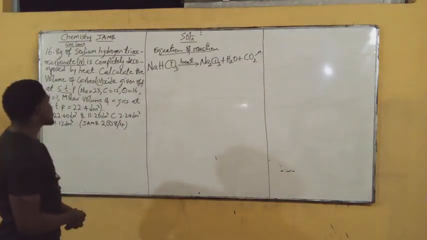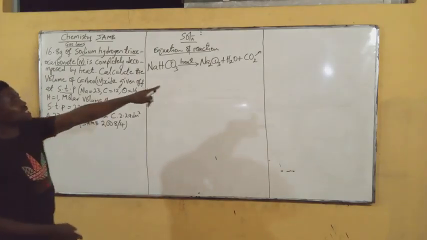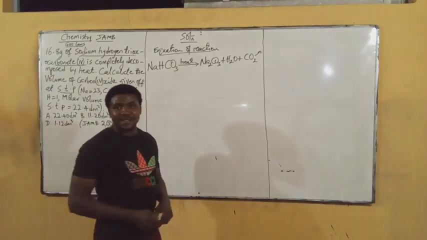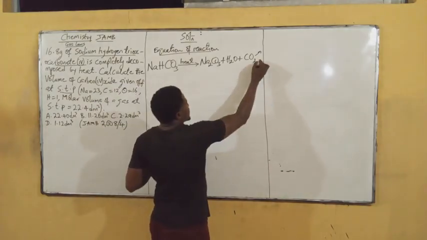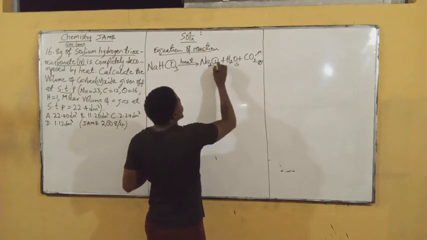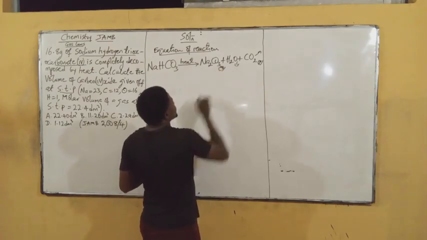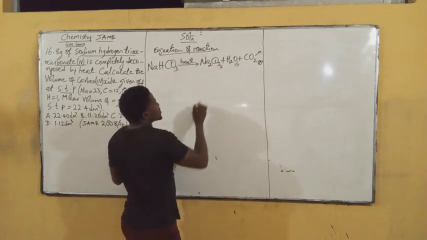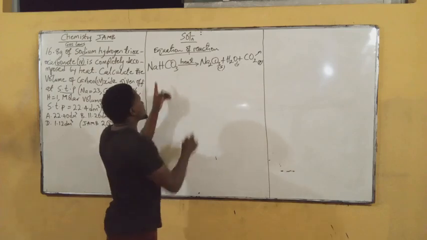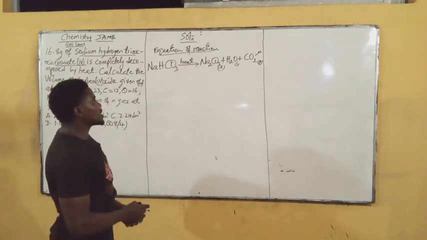In this question, we are trying to get the volume of this carbon(IV) oxide gas that is being given off. This is a gas, this is liquid, this is aqueous. In this case, the reactant is solid because it is not dissolved in water. It is being heated to decompose into these.